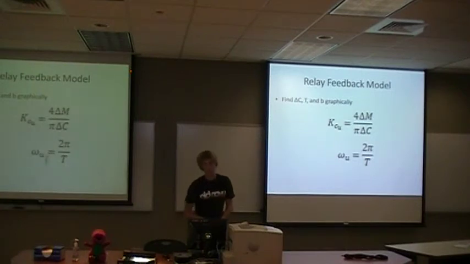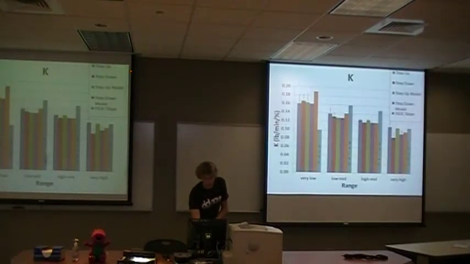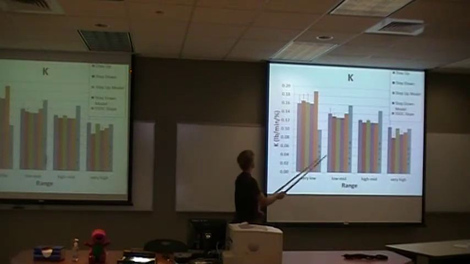Here are the equations that were used in order to find the model values for the relay feedback model, sorry. Here's a chart showing the comparison of the K's used so far, with an emphasis on the Bode and the relay.